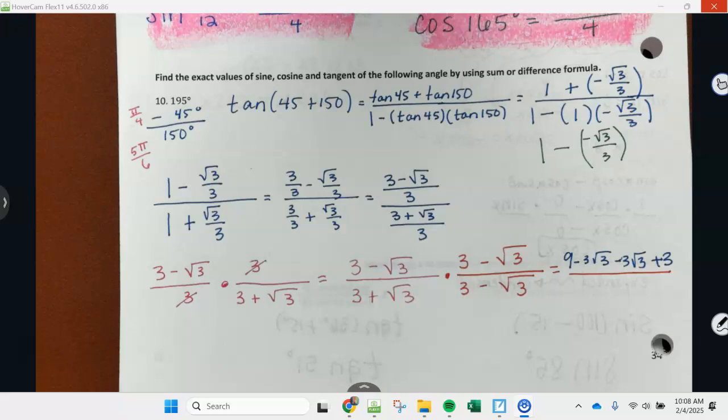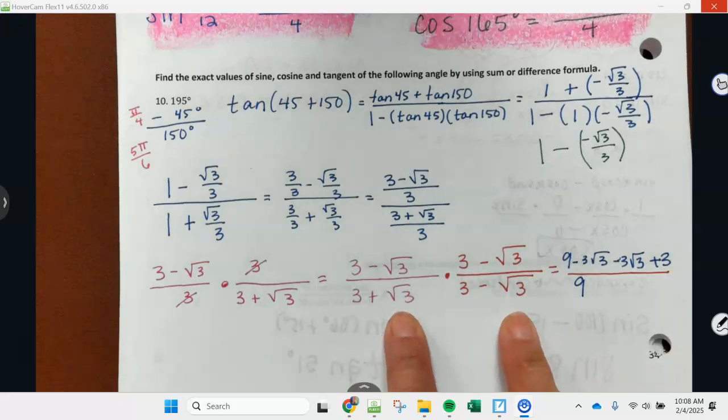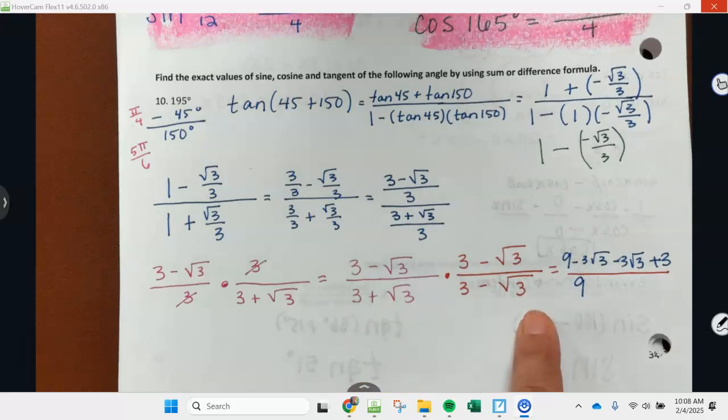Now let's do the bottom. Actually, the bottom isn't so bad because it's like a difference of 2 squares. We're just going to multiply the two front numbers together, multiply the two back numbers together. The two front numbers together, 3 times 3, that's just 9. The two back numbers multiplied together, remember they're opposite signs. So a positive root 3 times a negative root 3 is minus 3.